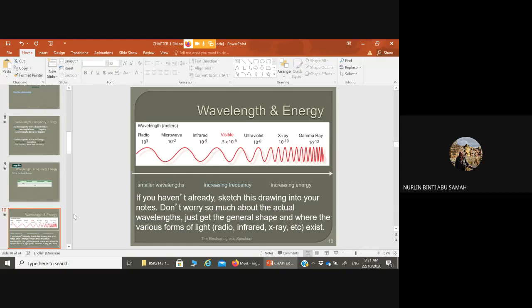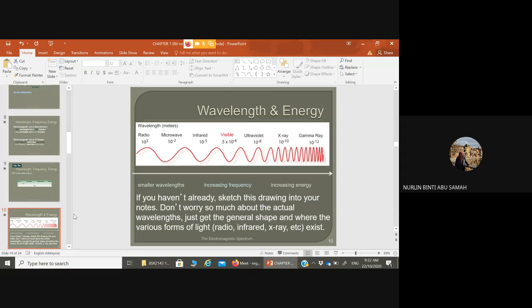Then next is the visible. The energy of visible light is lower compared to ultraviolet. Next is X-ray, and the next one is gamma ray. As you can see, the wavelength for gamma ray is very short.